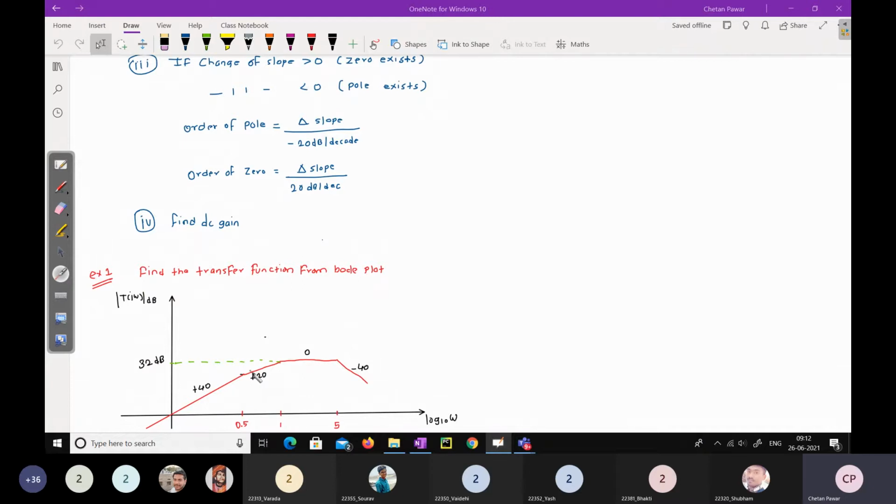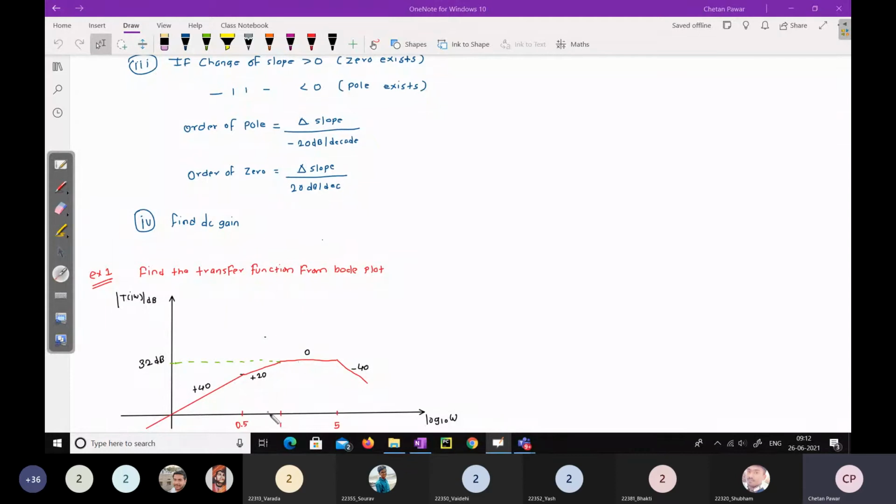Here you can see the initial slope is plus 40 dB per decade. Now at corner frequency 0.5, the slope changes to plus 20 dB per decade. This is in dB per decade; I have just mentioned plus 40, plus 20. So this plus 20 dB per decade is the slope between frequency 0.5 and 1.